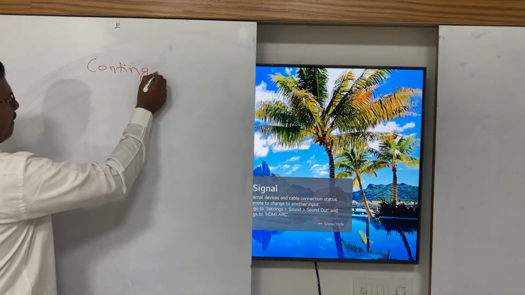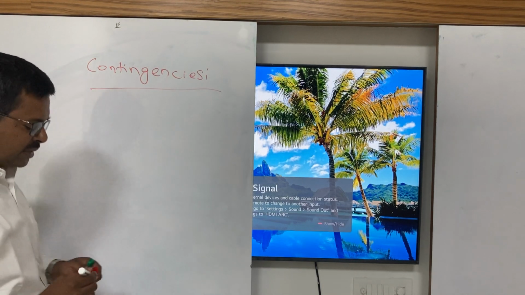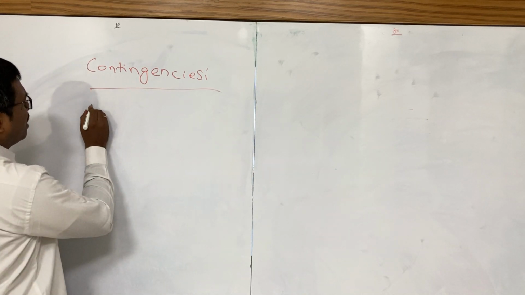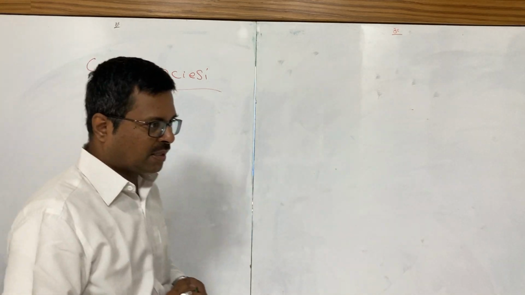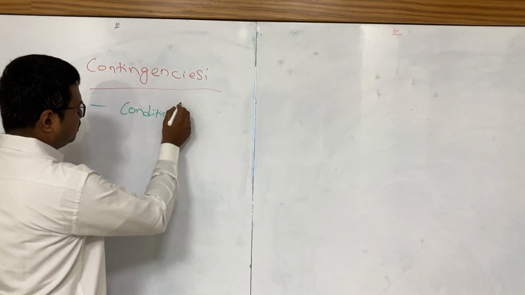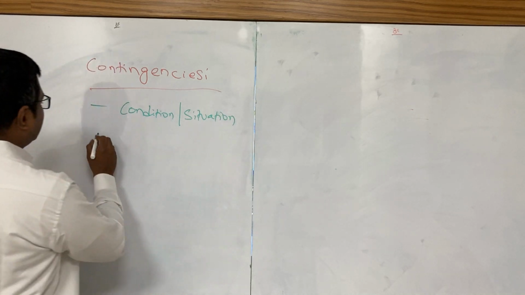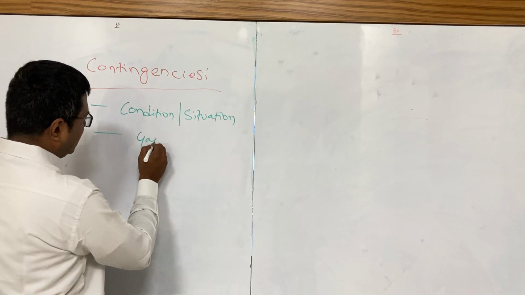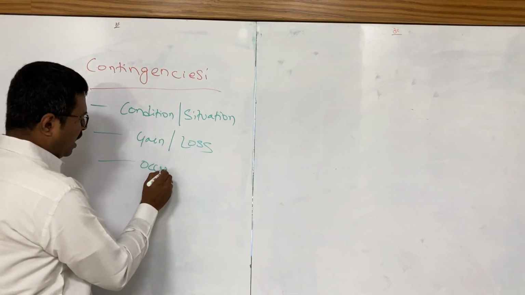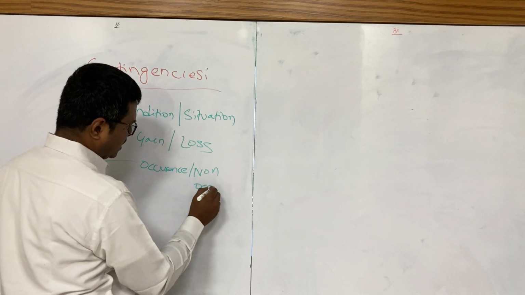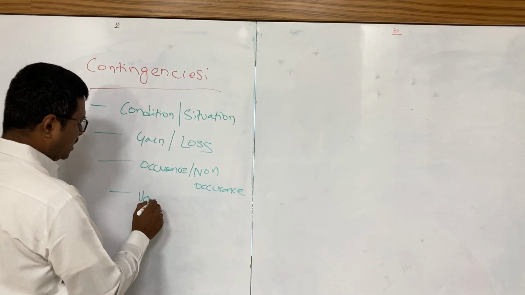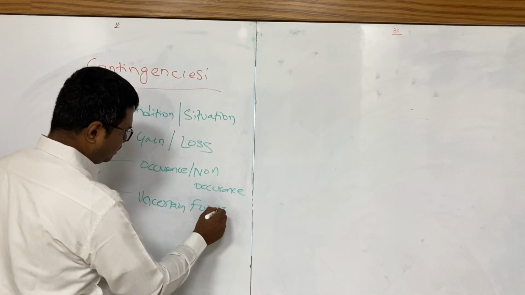Contingencies. Contingencies is defined by the standard as a condition or situation, the ultimate outcome of which may result in gain or loss that will be known or determined on the occurrence or non-occurrence of uncertain future events.